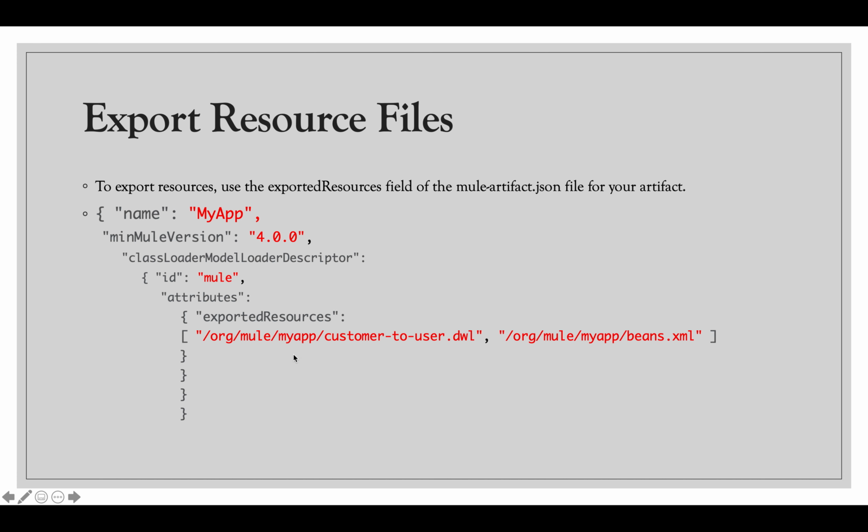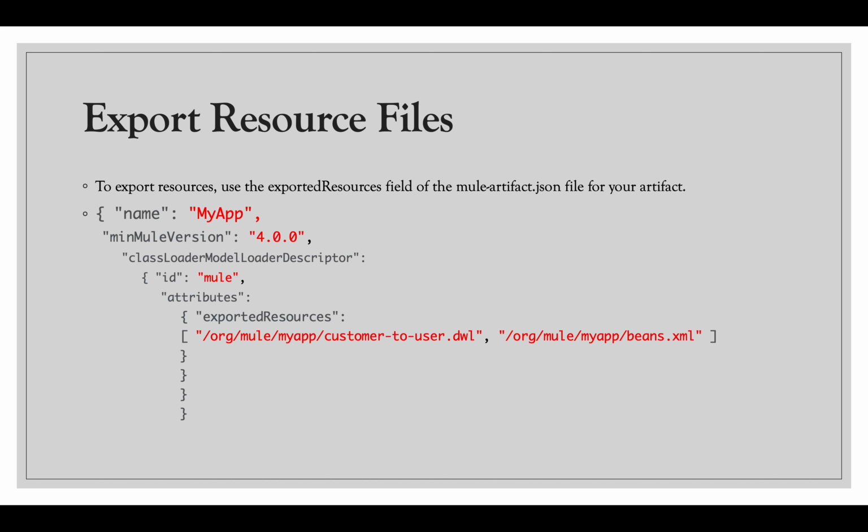Within here, you can specify the mule app customer, then the DWL file if you want to expose any such resource. Similarly, if there is any XML or Mule config file you want to expose, you can mention it within this array under exportedResources. Resources is for the specific Mule configuration files. You can have log4j2 XML as well, or any Mule-based flows basically.